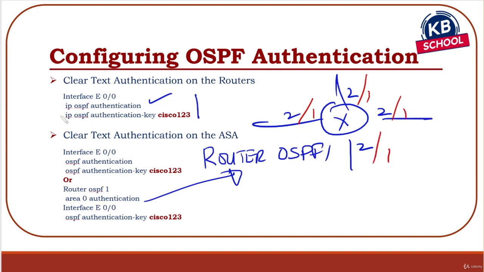And what is that 1? That is a key. The key always needs to be specified under the interface. So that's the advantage of doing it this way. And this is available to you both on the ASA as well as on the router.